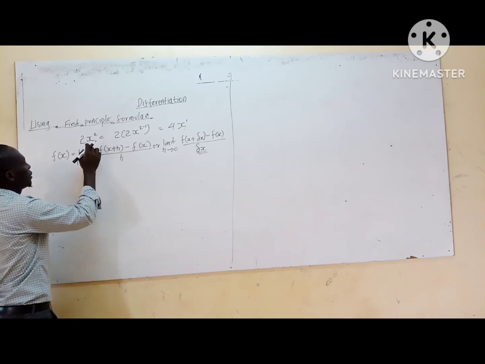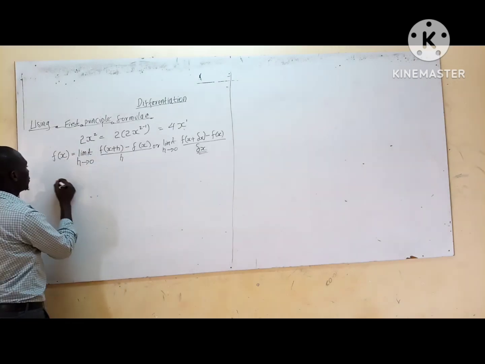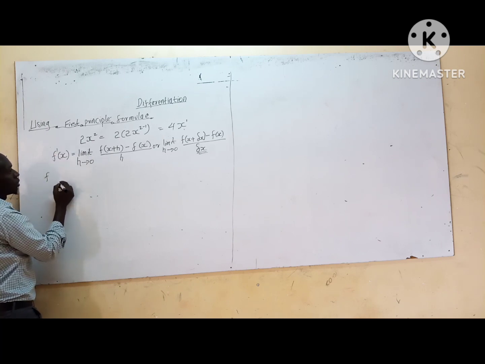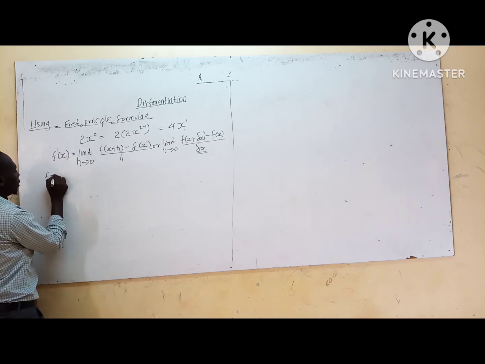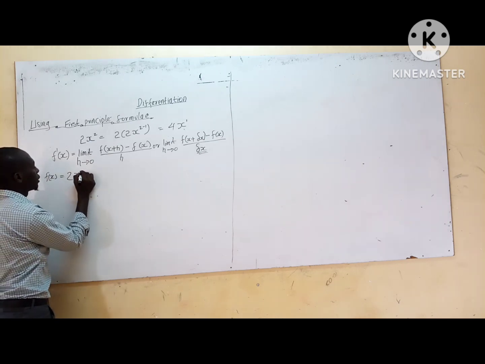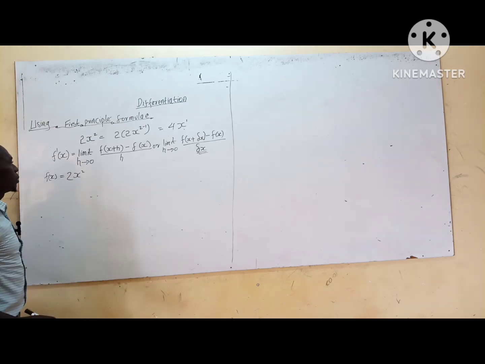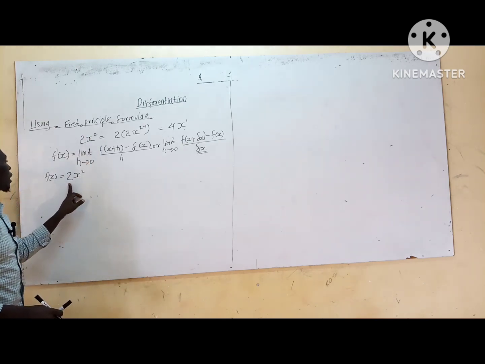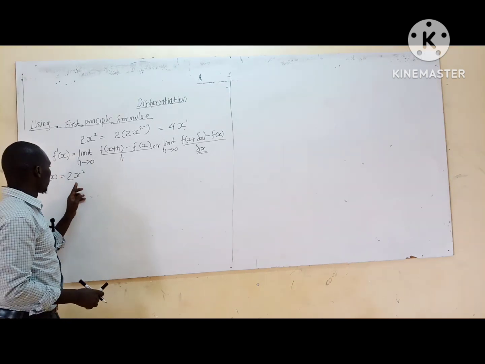So you can be given a function f(x) equal to 2x squared, and then you are told to use the first principle formula in carrying out the differentiation of this one.